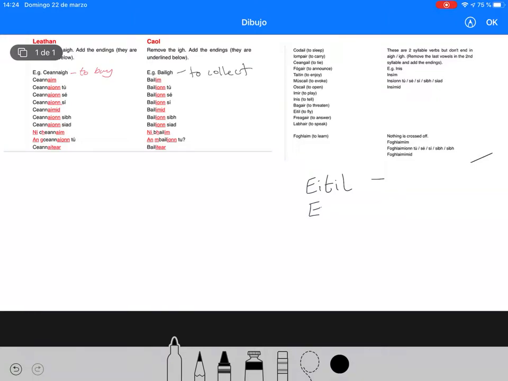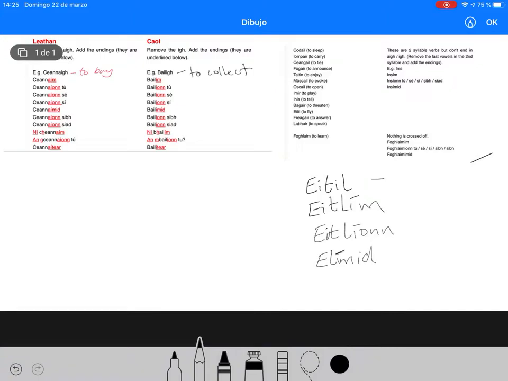Okay, so we should look at the first person singular first, and we should do Eitlím, Eitlíonn sé, sí, and then Eitlímid.